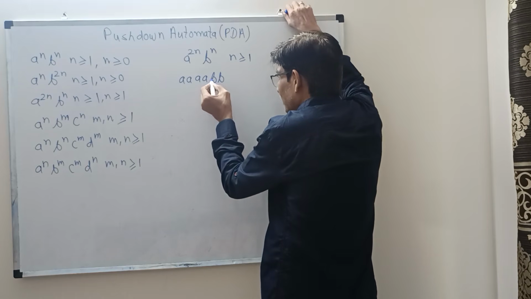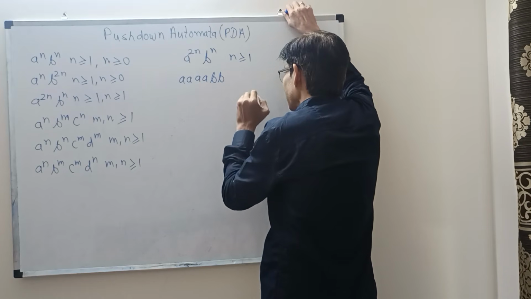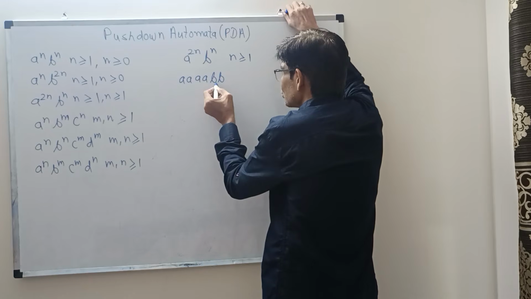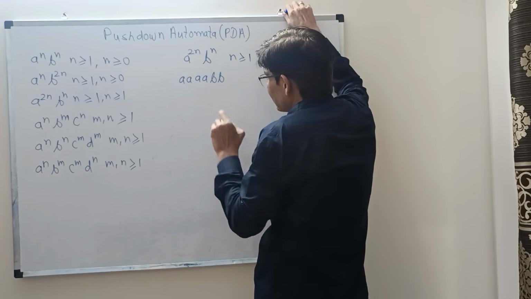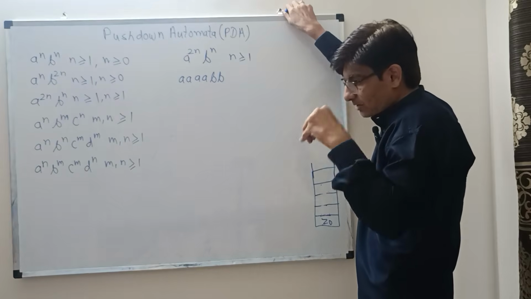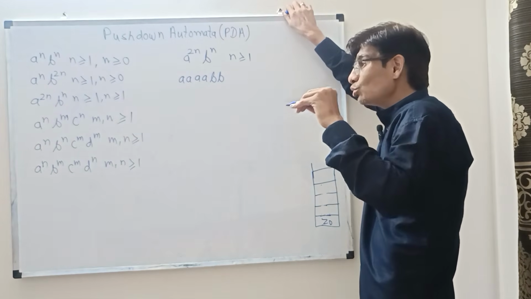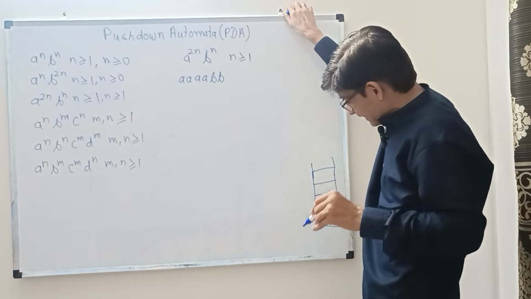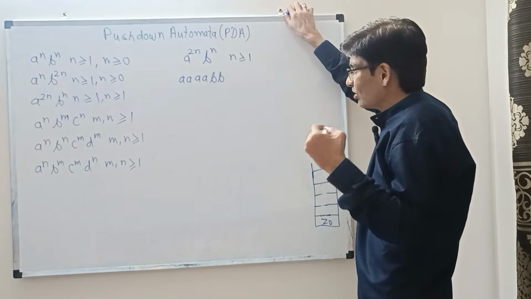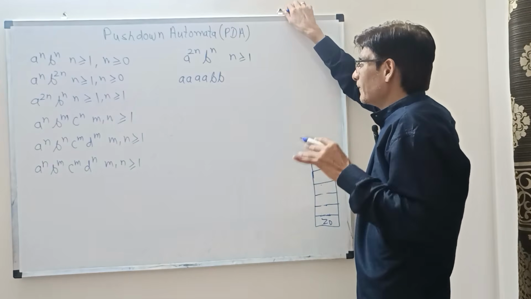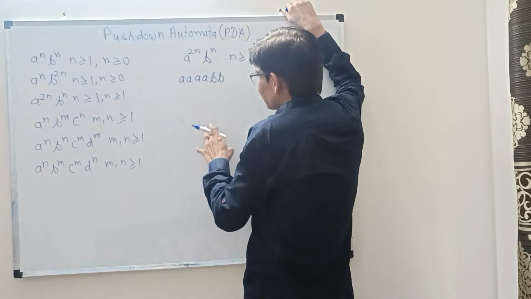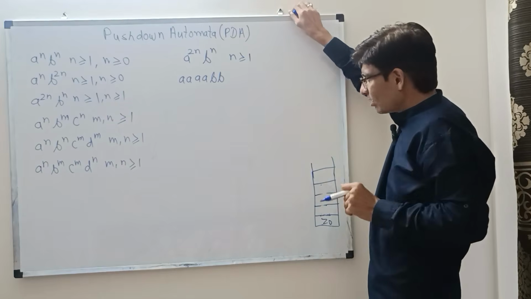But we can pop only one element from the stack at a time. So for 2 B's, we will be popping 2 X's from the stack. Then still 2 X's will be there in the stack and the stack will not be empty.